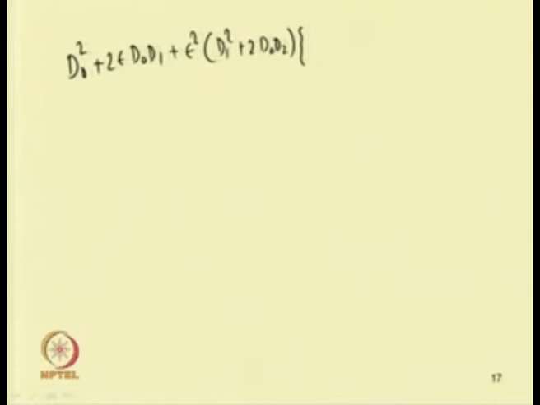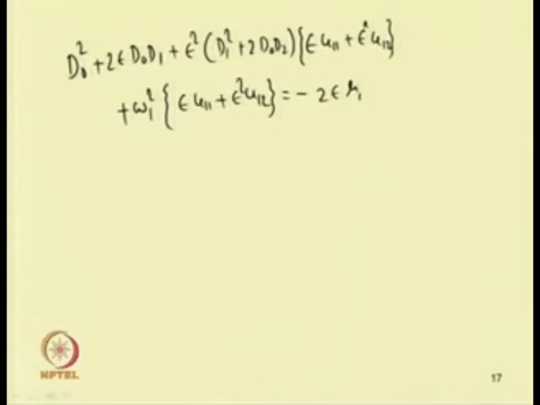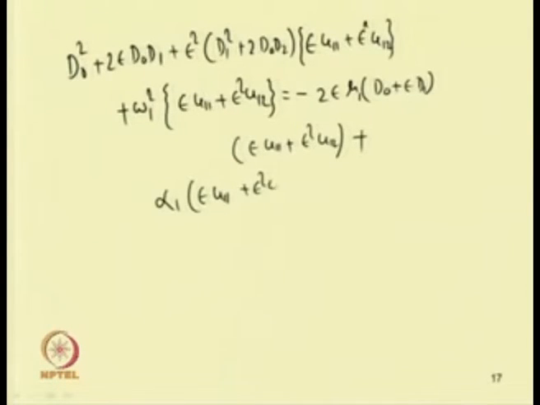For u 1 we substitute epsilon u 1 1 plus epsilon square u 1 2, plus omega 1 square times (epsilon u 1 1 plus epsilon square u 1 2), equal to minus 2 epsilon mu 1 (d 0 plus epsilon d 1) into (epsilon u 1 1 plus epsilon square u 1 2), plus alpha 1 into (epsilon u 1 1 plus epsilon square u 1 2) into (epsilon u 2 1 plus epsilon square u 2 2).